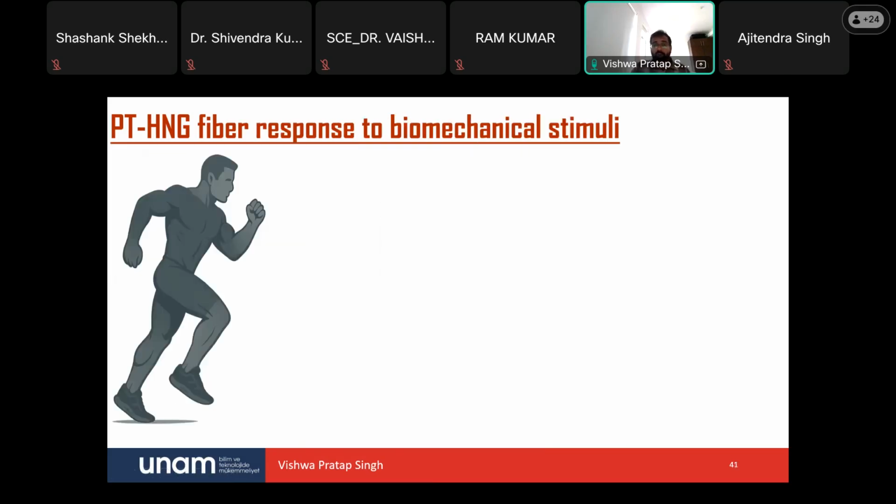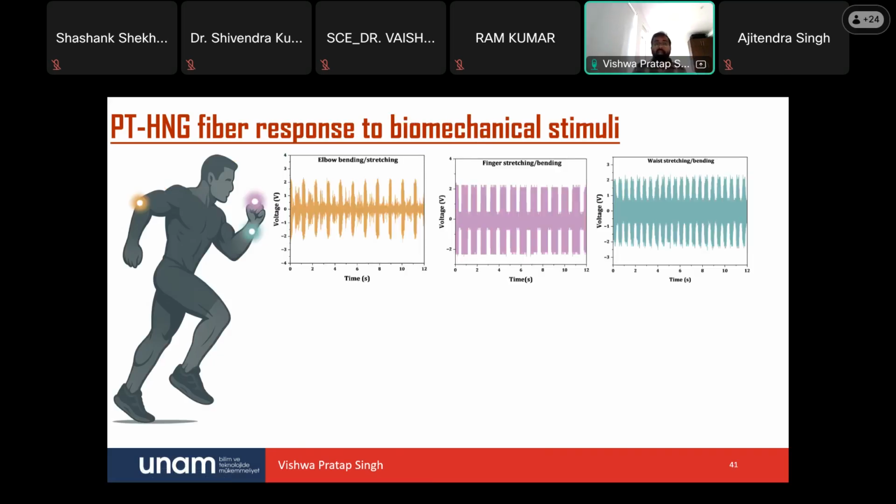And further, we also use this fiber for biomechanical stimuli. So what are the biomechanical stimuli? Because of its textile nature, we want to use it to measure muscle motion, blood circulation, and those things. So you can use this fiber to test those things.